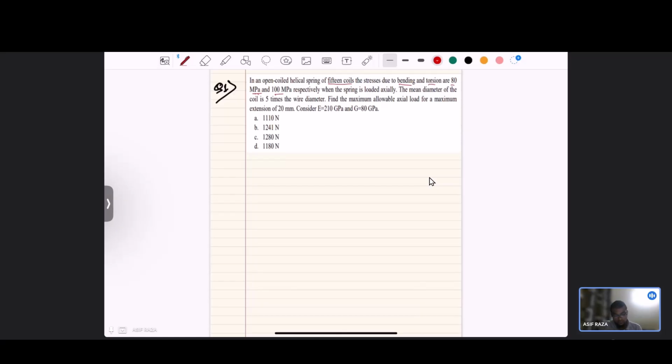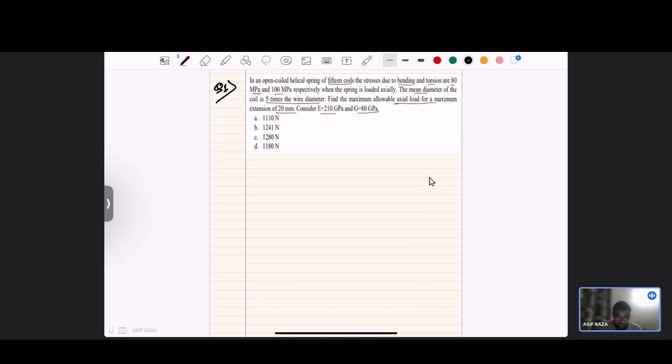The mean diameter of the coil is 5 times the wire diameter. Find the maximum allowable axial load for a maximum extension of 20 mm. Consider E is 210 GPa, G is 80 GPa.